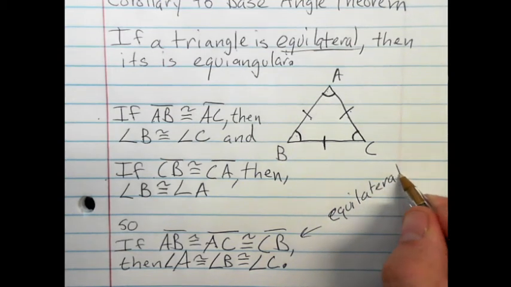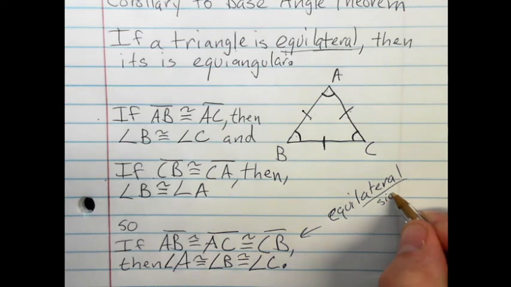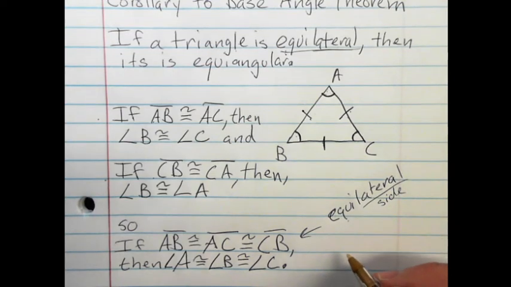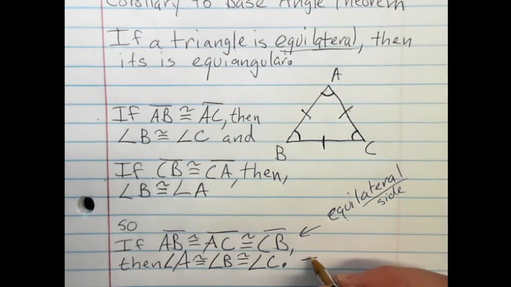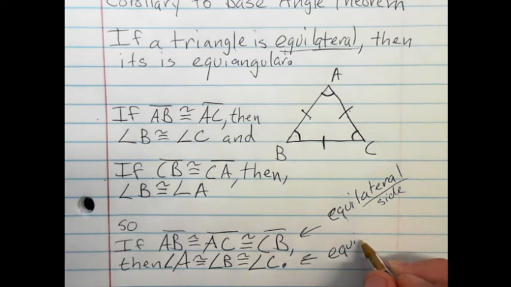Lateral means side. Equa means equal. And this means equiangular, which means that the angles are equal.